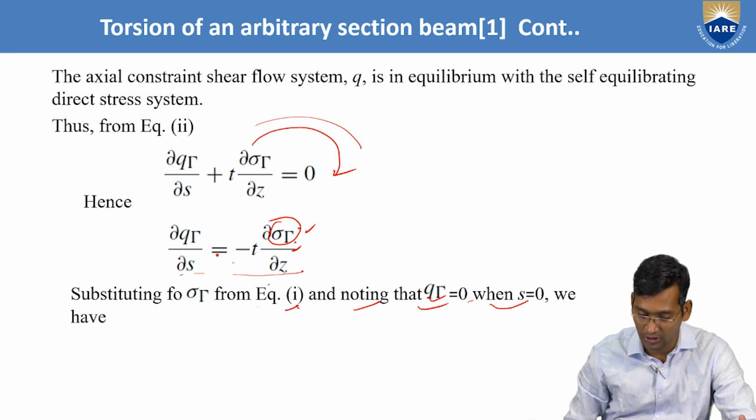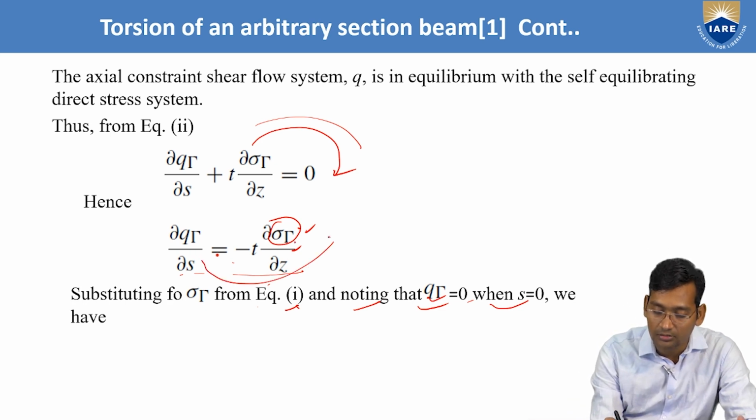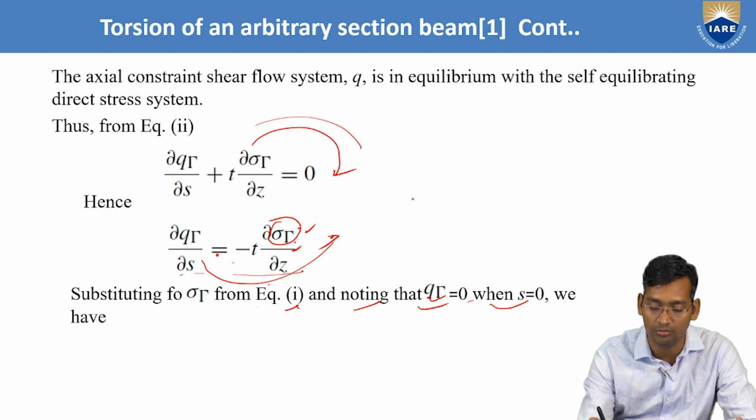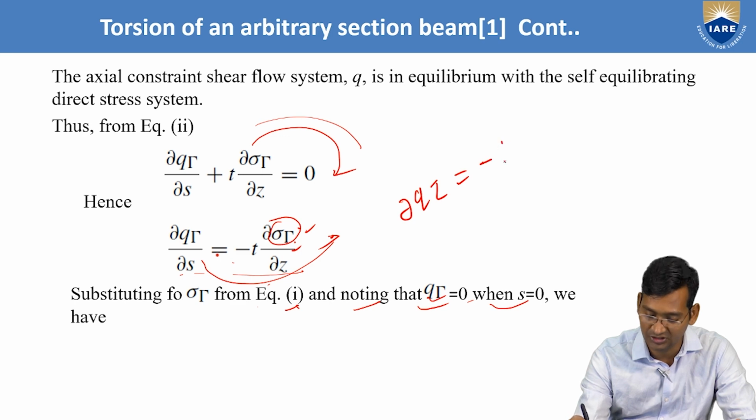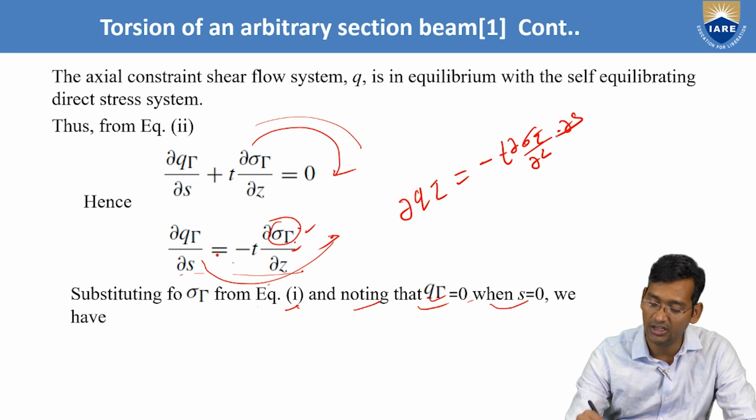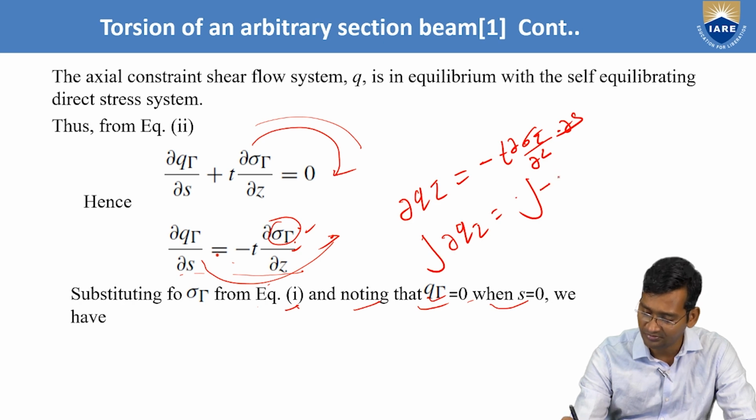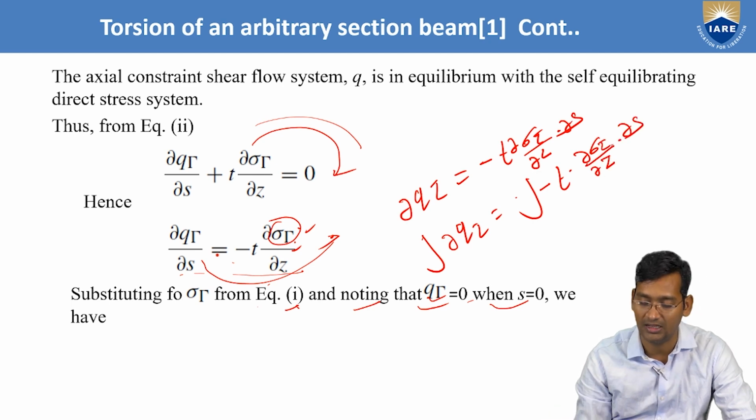So after substituting, what will we get? Then just take this, multiply this del S here, or you can simply write del Q tau equals minus T del sigma tau by del Z. Here also del will be there into del S. Integrating both sides, del Q tau equals the integral of minus T del sigma tau by del Z into del S, right?